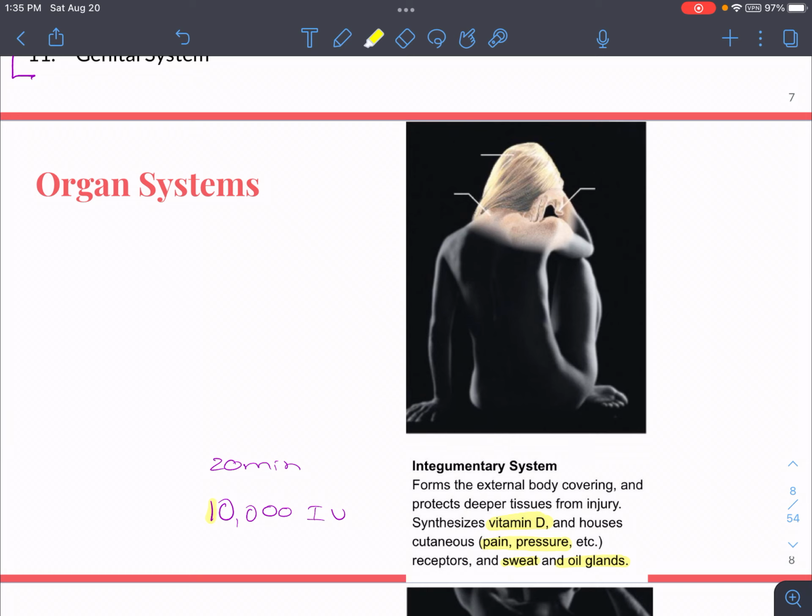It's because they may have extra oil glands or just overactive oil glands on their skin somewhere. And then sweat glands, you all know when you get really hot and you start sweating, those are your sweat glands kicking in as your body's mechanism, which we will talk about later in this chapter, to help cool you off.